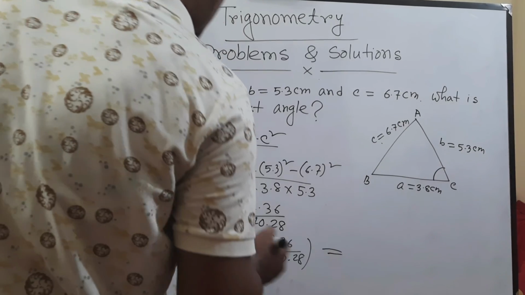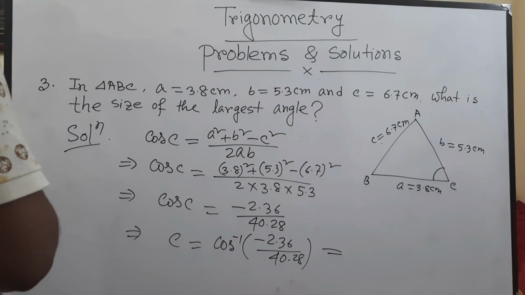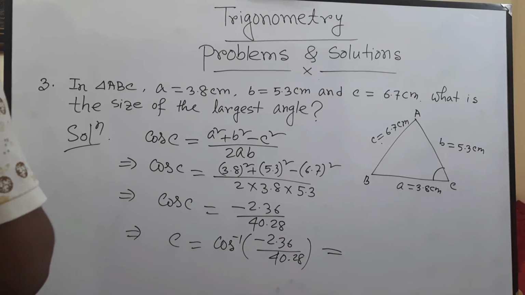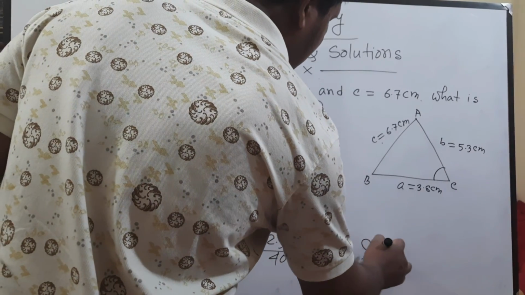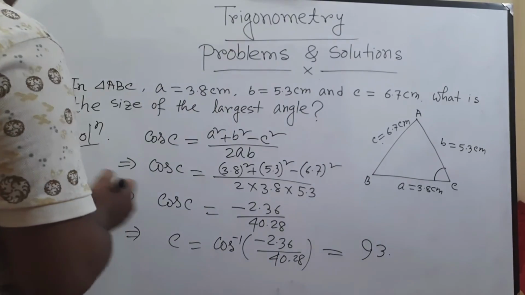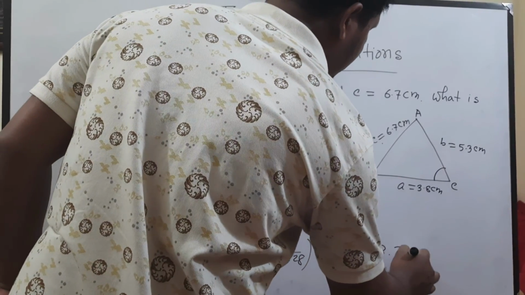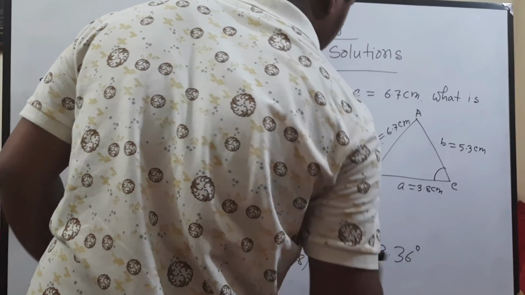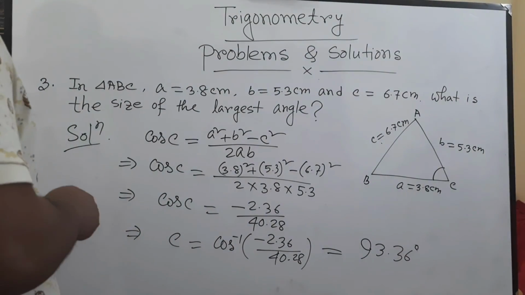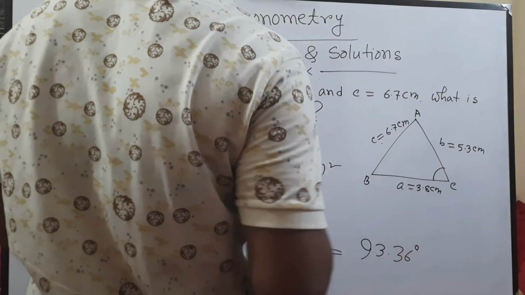Now if you use the scientific calculator, then you can easily find the angle C. So that will be 93.36 degree. So this is the largest angle of this triangle.